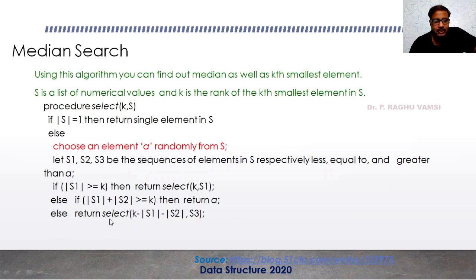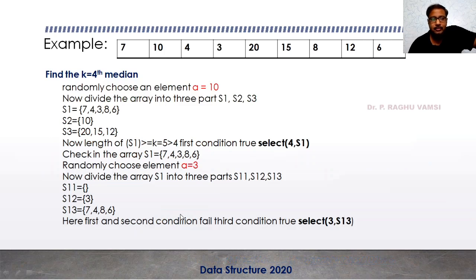So only the leftover condition remains: return select of k minus length of S11 minus length of S12. Here the first and second conditions failed, so the third condition is true. Then call recursively select of k minus, what is k? 4. 4 minus length of S11, 0, minus length of S12, which is 1. 4 minus 1 is 3.